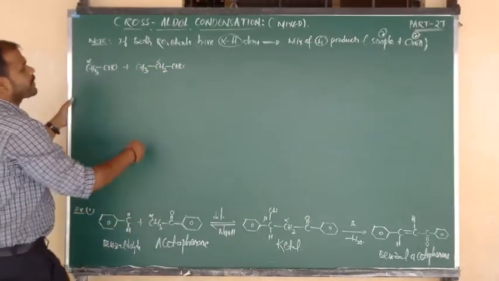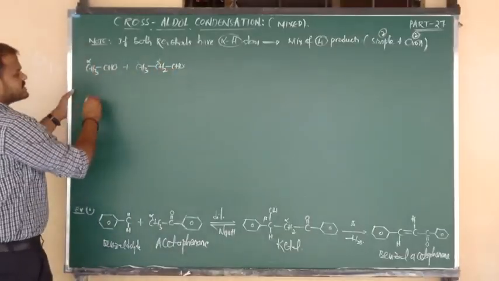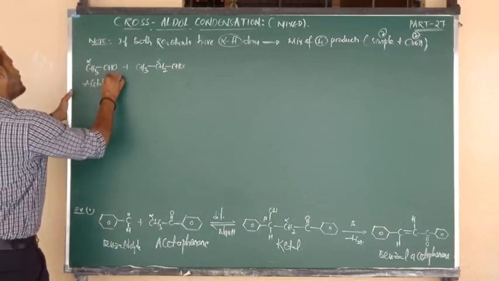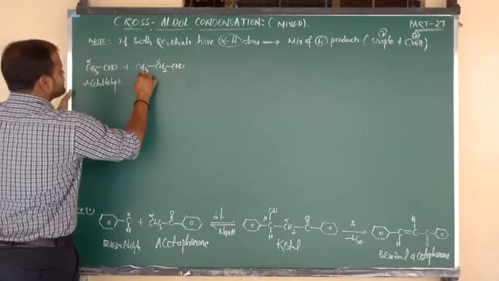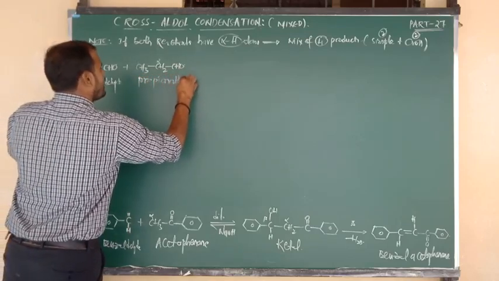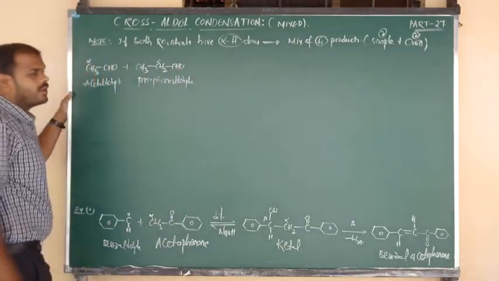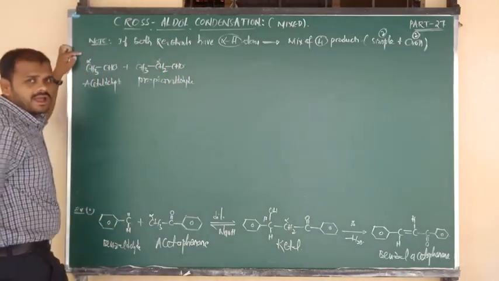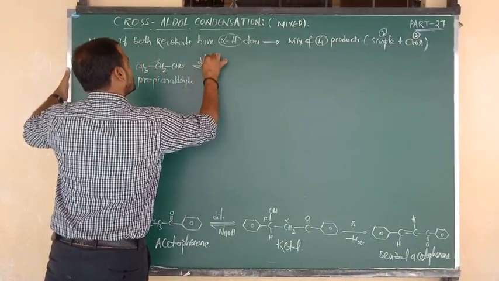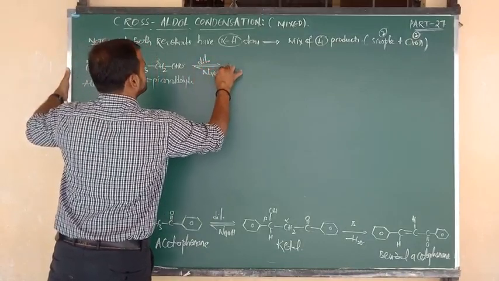Okay? Good. So here both the reactants, one is acetaldehyde, we can say ethanal, and one more is propionaldehyde, and also we can say propanal. Both contain alpha hydrogen atoms, and now they undergo condensation in presence of dilute NaOH.